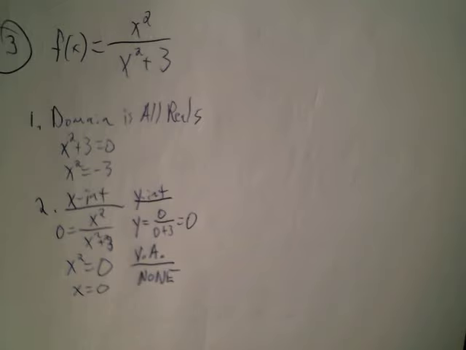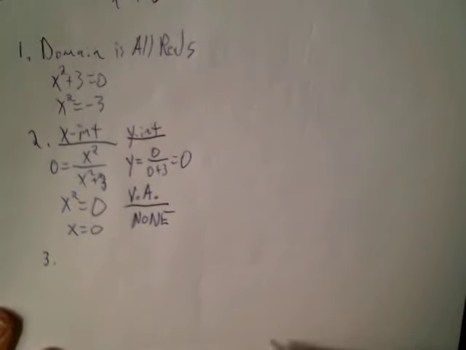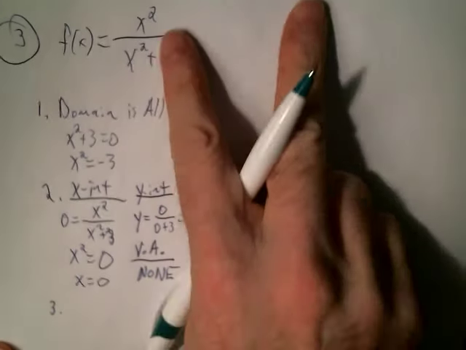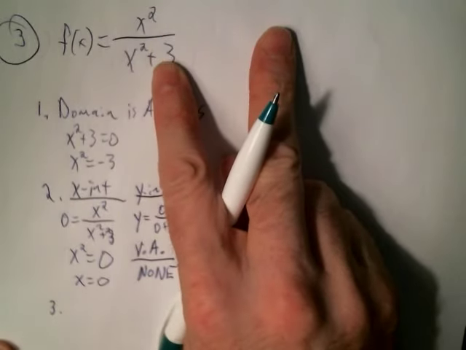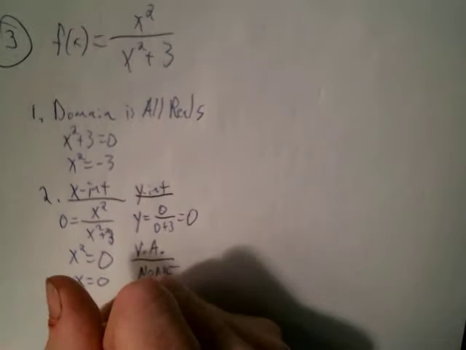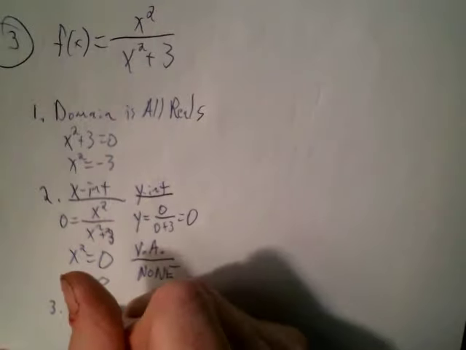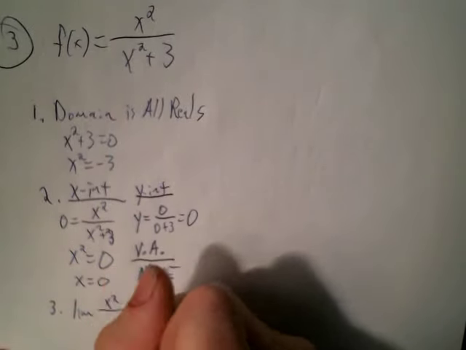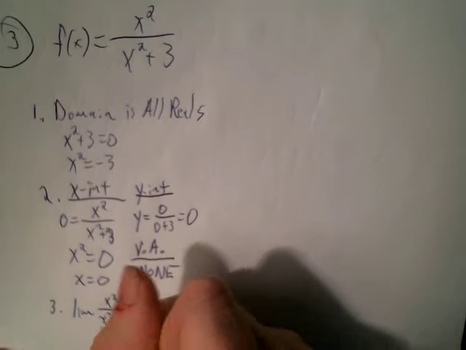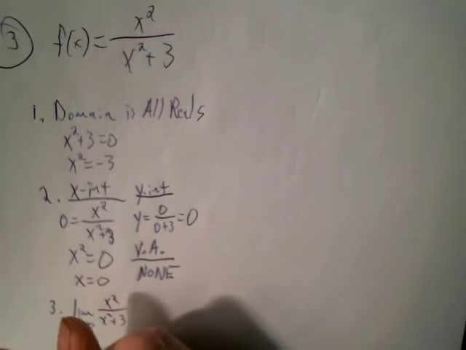So horizontal asymptotes and the slant asymptotes then. Here the numerator and denominator have the same degree, so you expect a horizontal asymptote. In particular, you take the limit of this thing as x goes to infinity, and then as x goes to negative infinity.